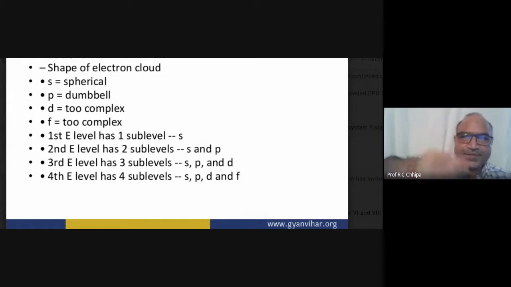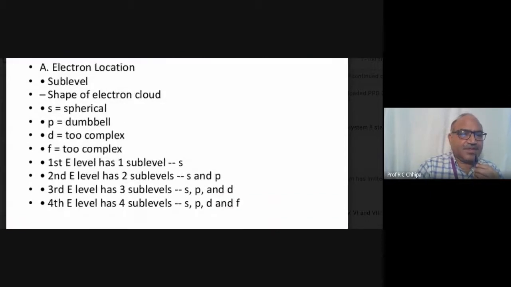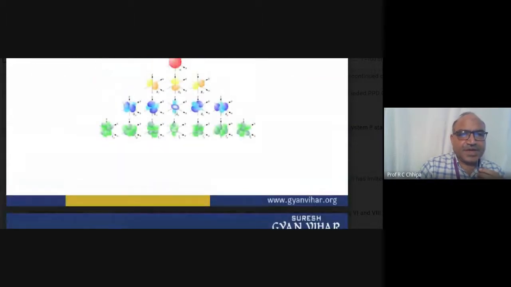Further, the third energy level has three sublevels, and the fourth energy level has four sublevels. What are those? S, P, D, and F. So this one is spherical, dumbbell shape, and two complex.